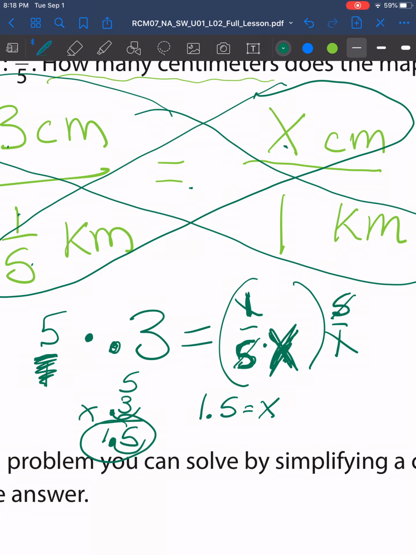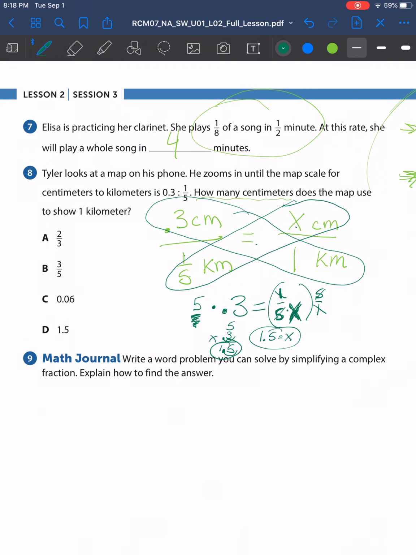1.5 equals x. X was my unknown number for when it said how many centimeters. I now know it takes 1.5 centimeters to show 1 kilometer. So the answer is D. So this problem, number 8, this is a special problem.